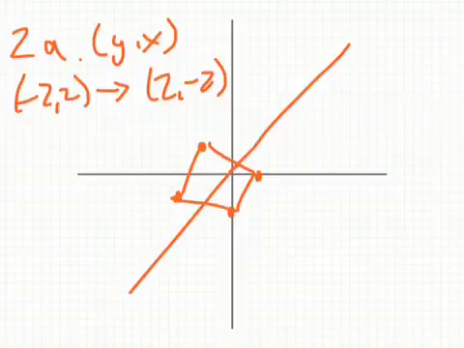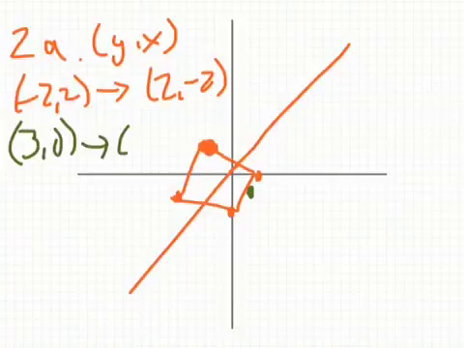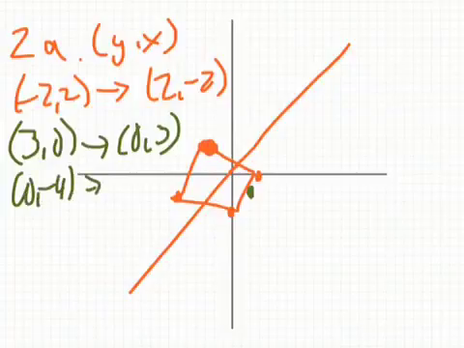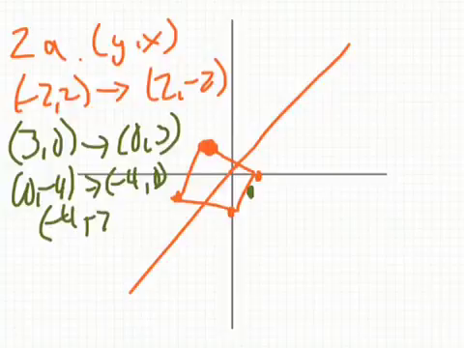Negative 2, 2 becomes 2, negative 2. I'm probably just going to write the points and you can check them on your graph. It's going to be a little bit easier that way. So 3, 0 became 0, 3. 0, negative 4 became negative 4, 0. And negative 4, negative 2 became negative 2, negative 4.